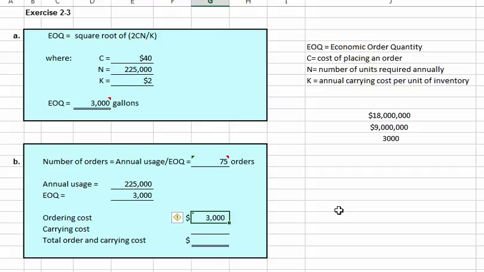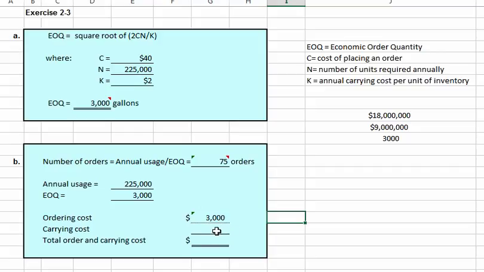So our annual ordering cost is $3,000. I really don't like that it came out to $3,000 because that's also your economic order quantity. But remember, that's 3,000 gallons. This one's $3,000. It's just coincidental that those two came out to the same amount. They typically would not.